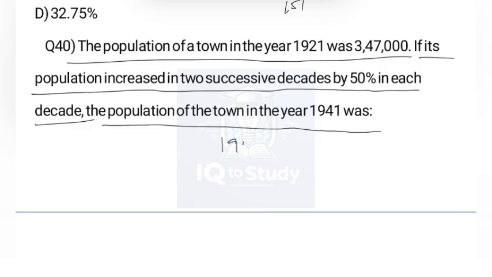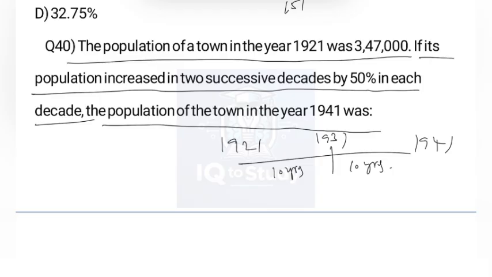Here 1921 to 1941 is 2 decades. Here the successive decades percentage increase is 50% in each decade.